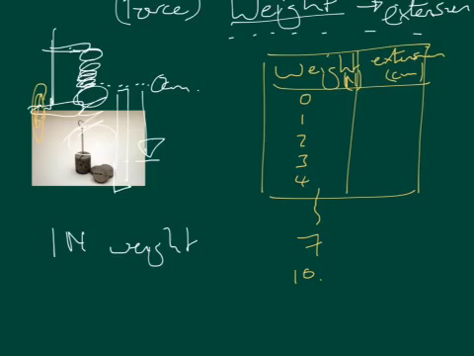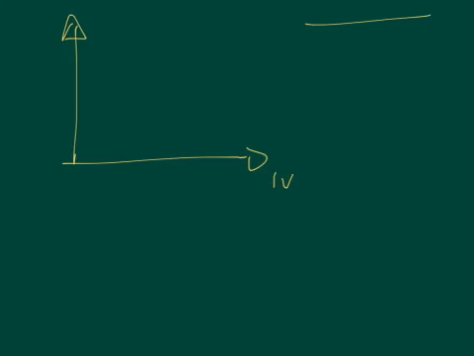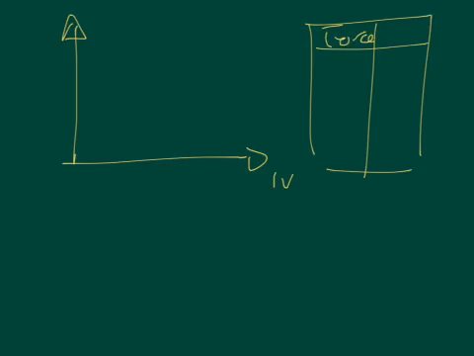Right, once you've got your data, you're going to complete a graph. And we always put our independent variable on the bottom, and that was force. So let's just say I've got these numbers here against extension, 0, 1, 2, 3, 4, 5.